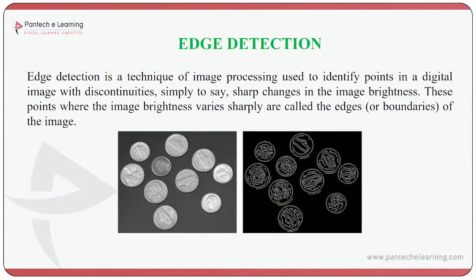So next thing is image edge detection. Edge detection is one of the techniques used in image processing to identify points in the digital image, which is used to change and sharpen the image brightness.